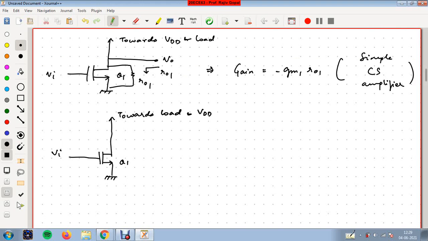Okay, I'm not drawing the entire circuit, right? This was V naught now, V naught. Okay, so I'll slightly extend this a little bit more.